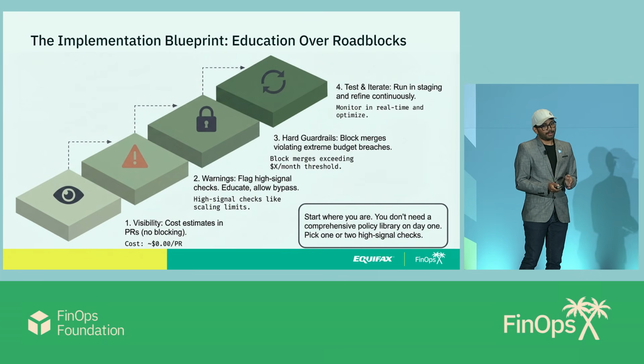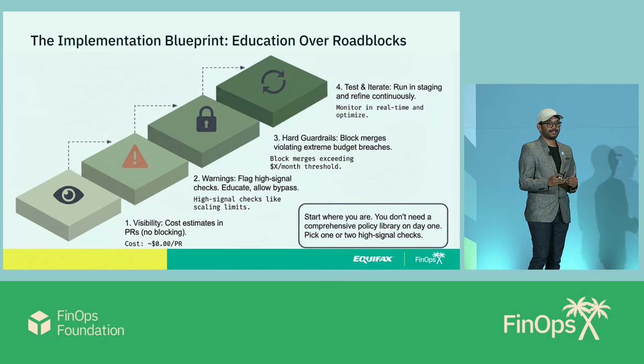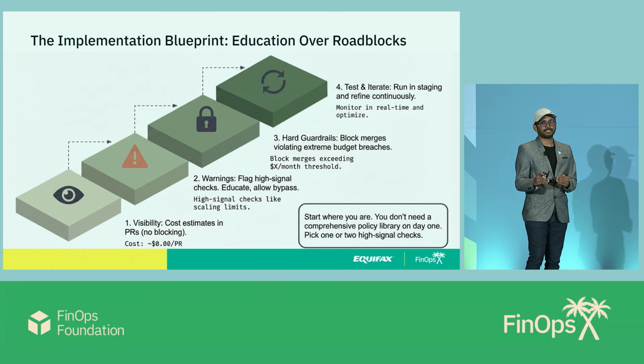And I would like to say that we can start where we are and take it step by step: visibility first, warnings next, and then hard guardrails, which is the core essential topic everybody has to start looking into. Because if we do not have the guardrails, the AI is going to create a bigger blast radius because of a bad model.